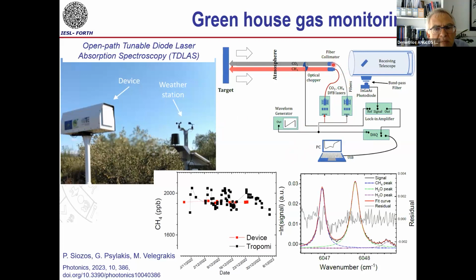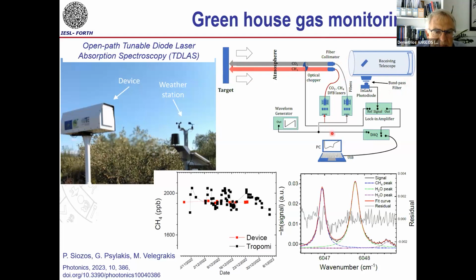We have fiber collimators, and basically you send the laser beams in an open path configuration along a path, and as long as along the path there's a target, and this target can be a tree or so, there is backscattering. That backscattering is collected in a telescope and detected.